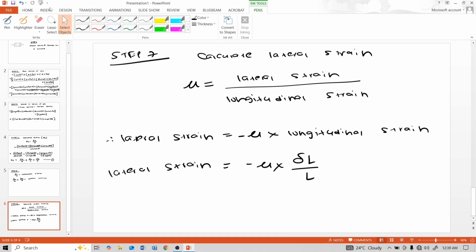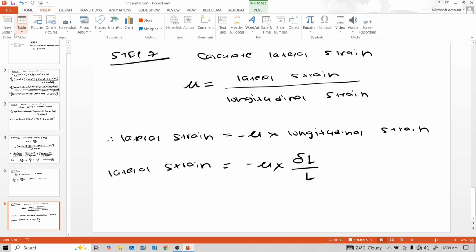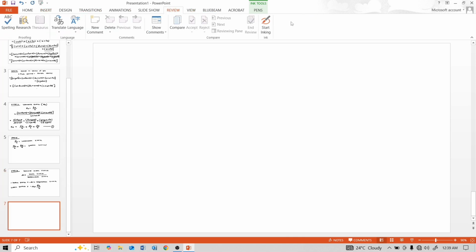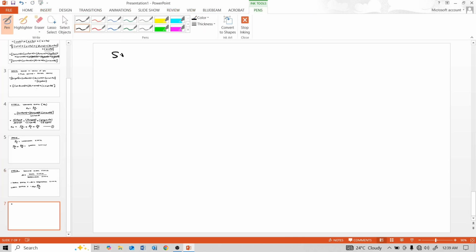Now in step 8, put the lateral strain value in equation 1.